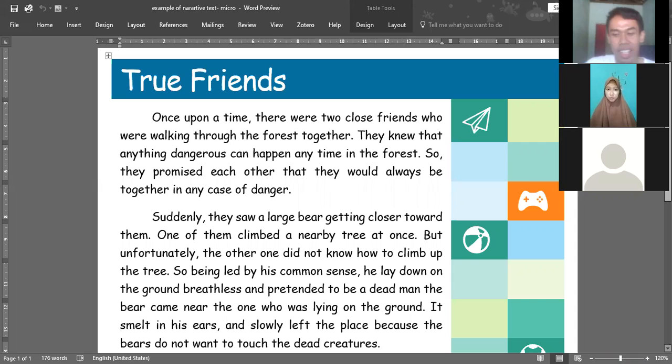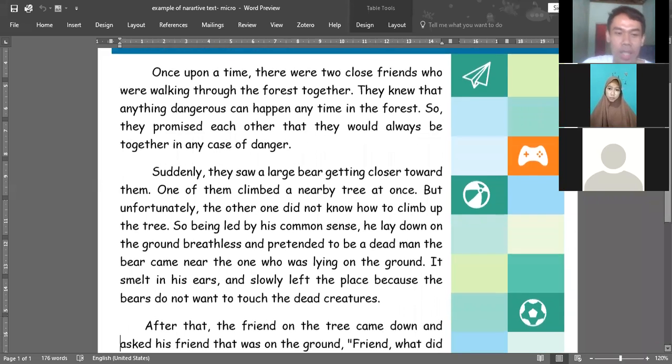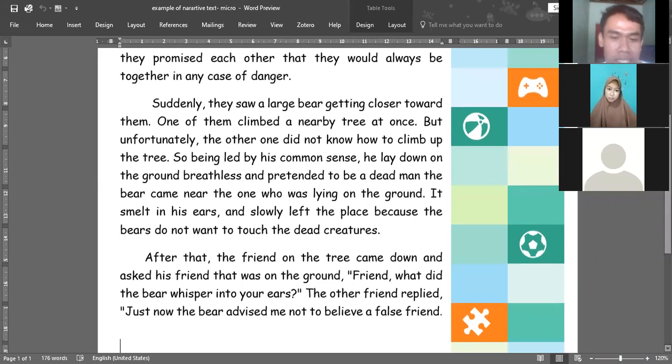And Farda, do you know where the resolution of this text is? I think in the second paragraph. Oh, wrong. The resolution is in the last paragraph. And the third paragraph is the complication paragraph.